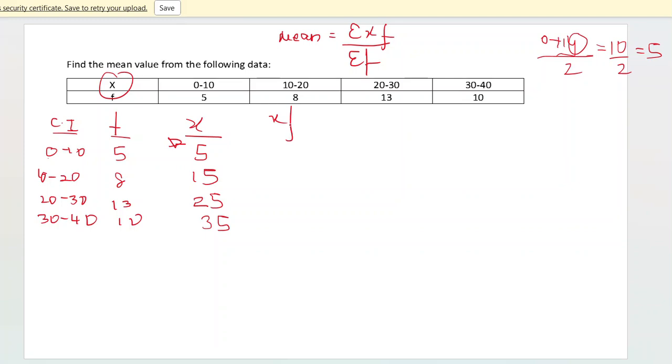Now we find xf. xf is obtained by multiplying x with f.